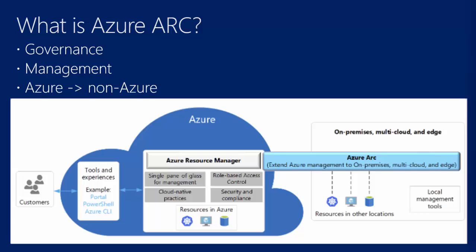Okay. And then also, whenever we talk about extending to non-Azure, we talked about third-party clouds, but it could also be on-prem resources. So you might have VMs on-prem running in VMware, running in Hyper-V, whatever. You might have physical machines out there that you want to extend support to and be able to manage through Azure. Absolutely possible, totally possible, right?